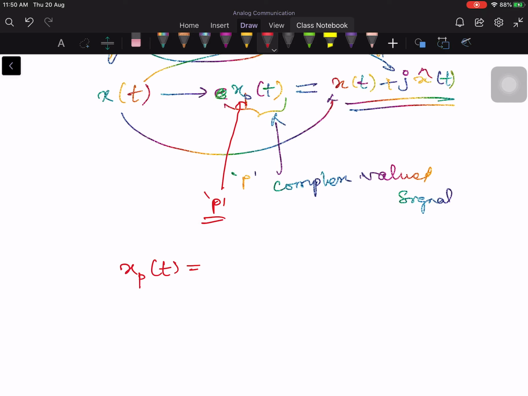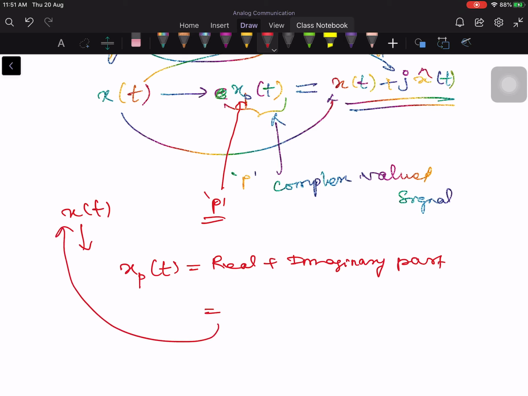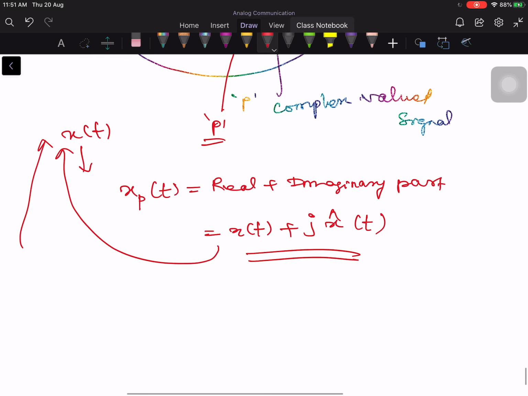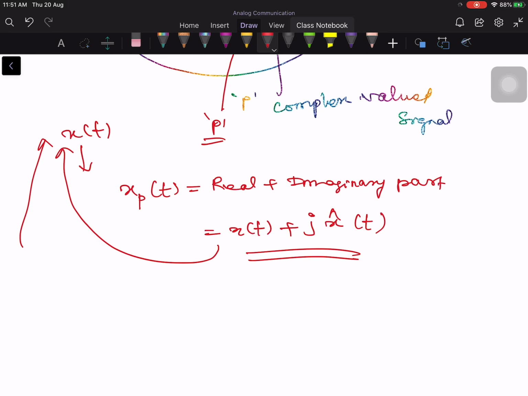Okay, we started with the x of t, right? So this is the real part plus imaginary part. The real part is the same as the real signal x of t with which we started, plus j times the imaginary part, which is going to be the Hilbert transform of the original signal. What is that? X hat of t. Therefore xp of t equals x of t plus j times x hat of t.